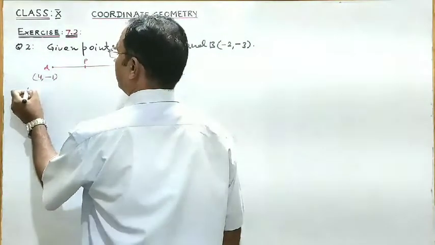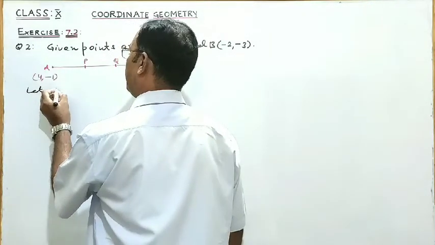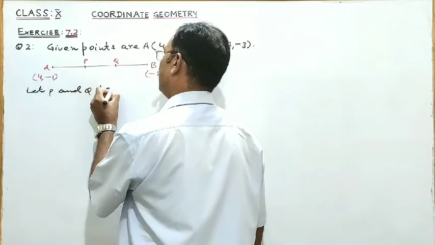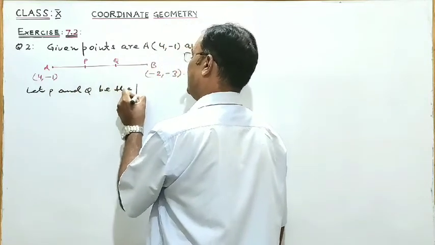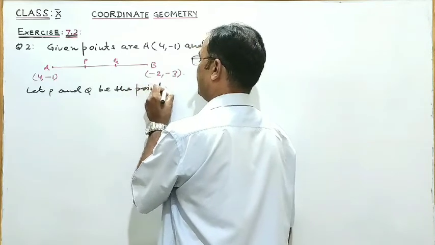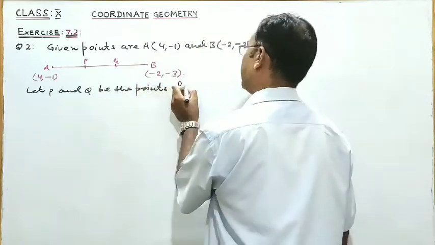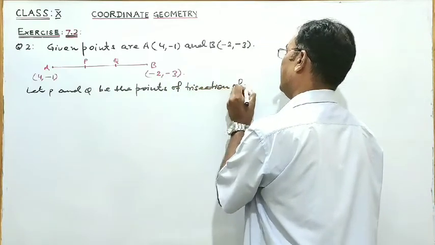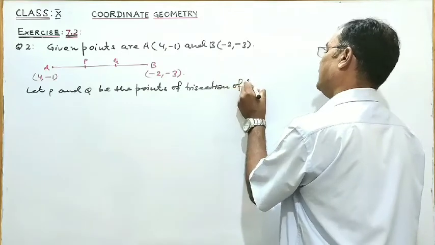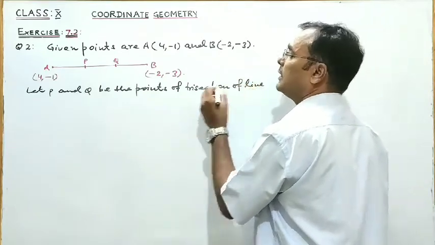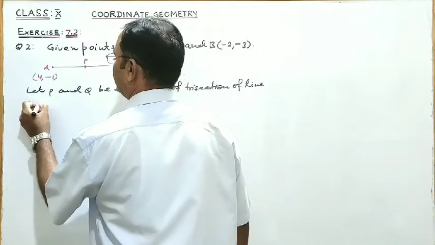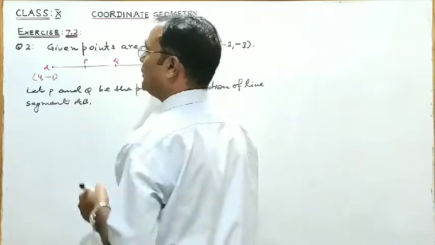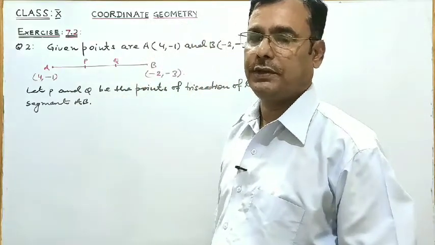So let P and Q be the points of trisection of line segment AB, which is the join of the two given points in this question.